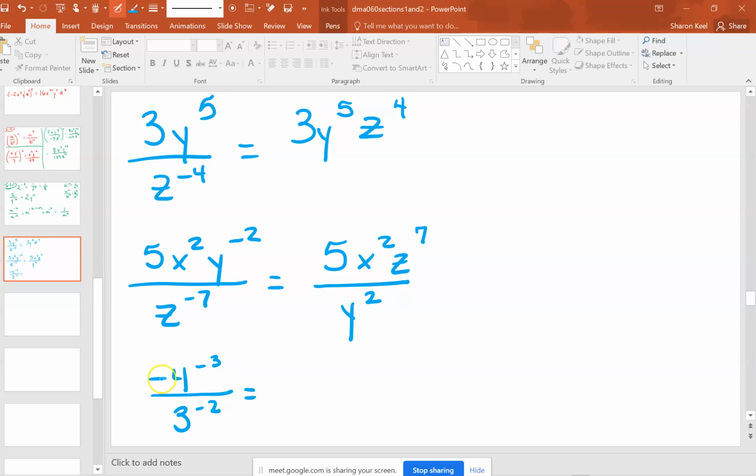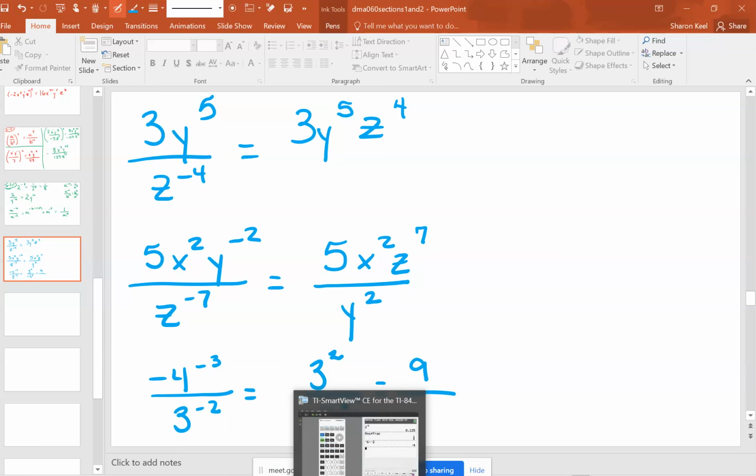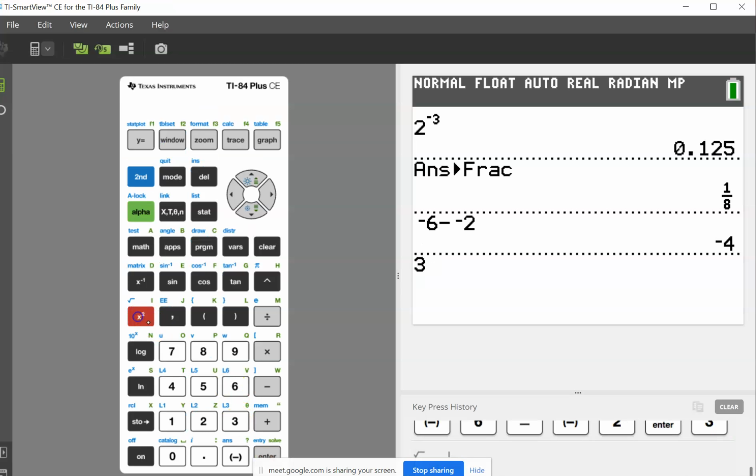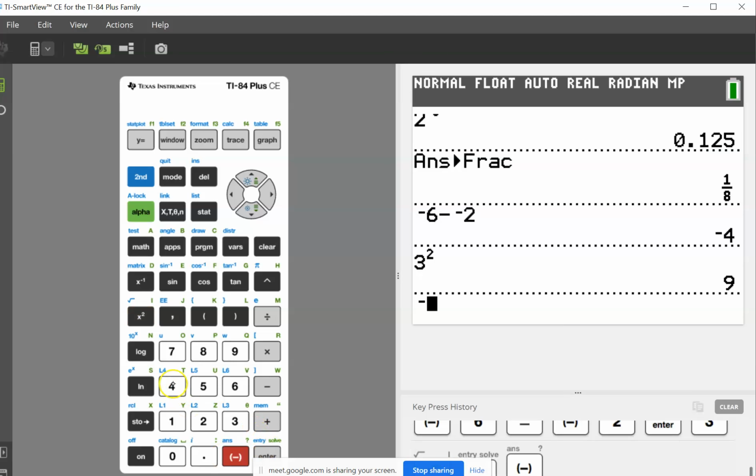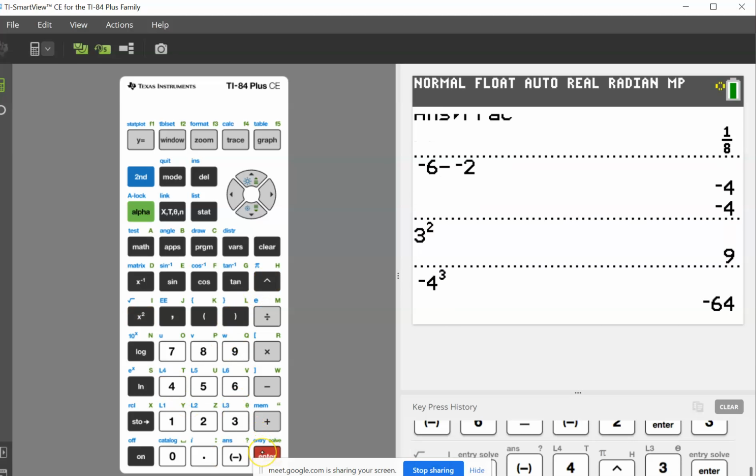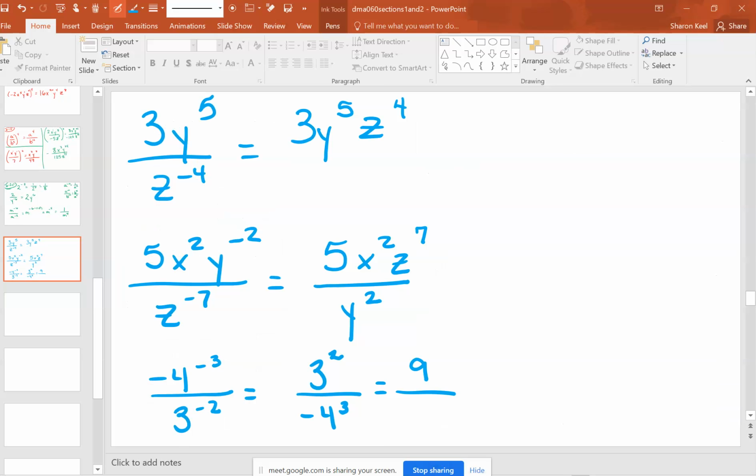This is going to move to the top and become a positive. 3 squared, 3 times 3 is 9, and negative 4 cubed is going to be negative 64. So our answer is going to be a negative 9 over 64. That's a negative sign. Okay.